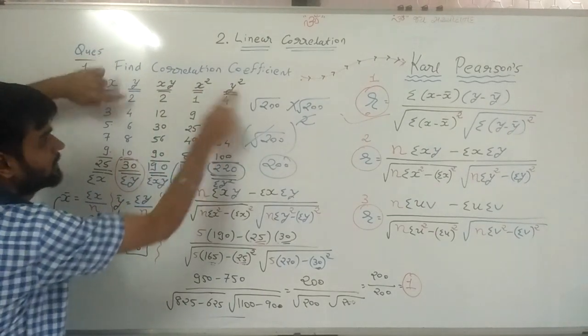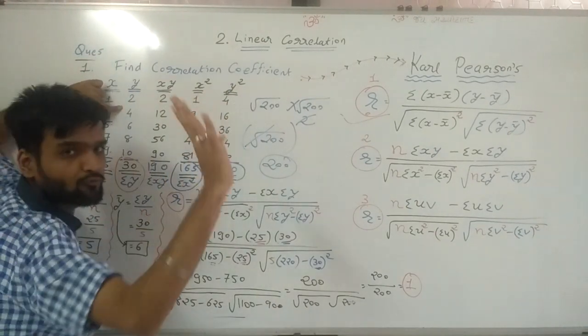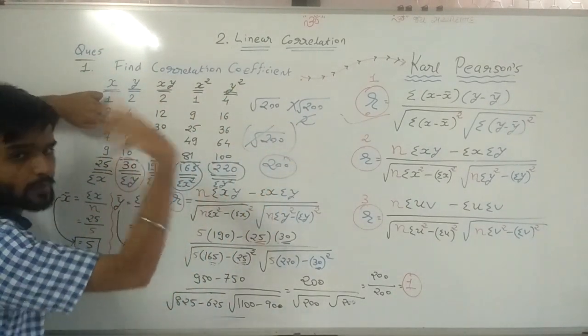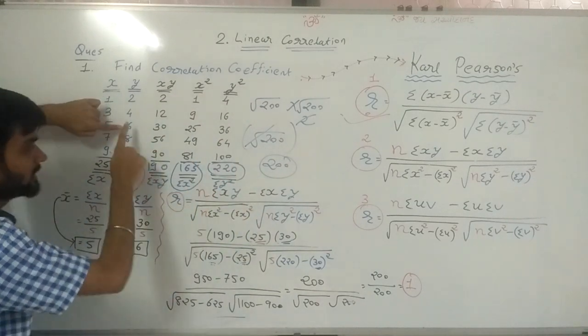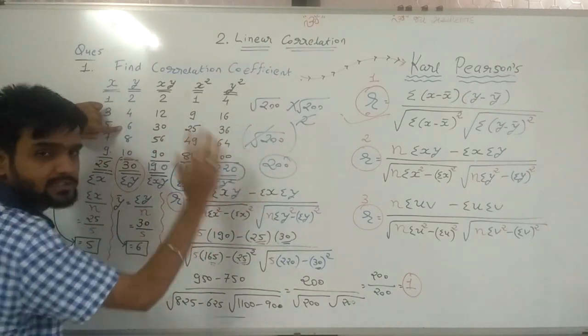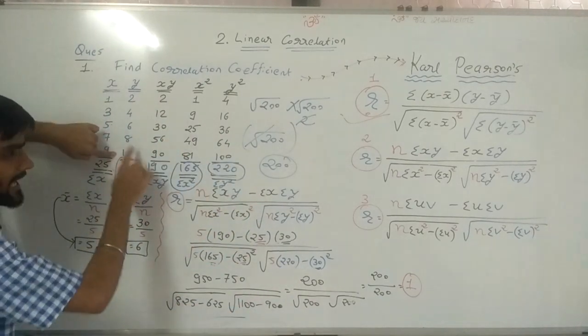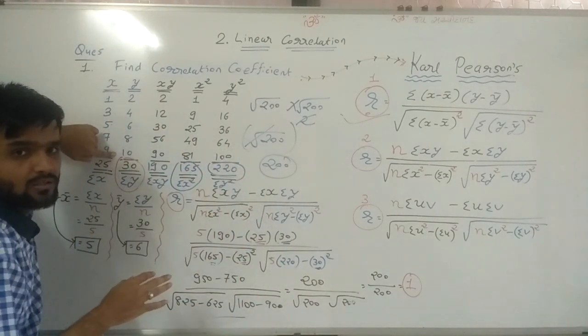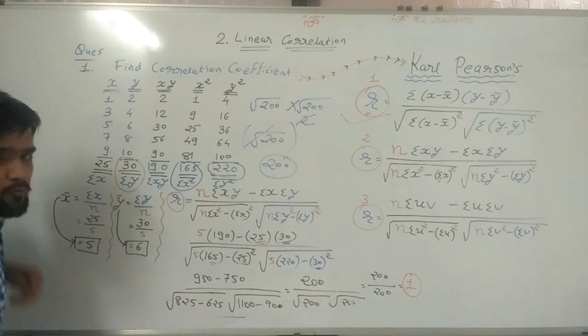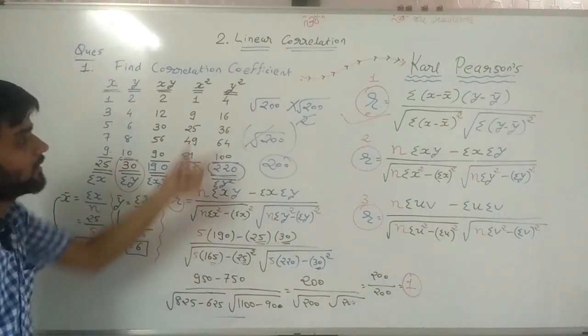So y square: 2 square, 4, 4 square, 16, 6 square, 36, 8 square, 64, 10 square, 100. So all the values of y, its square, y square.